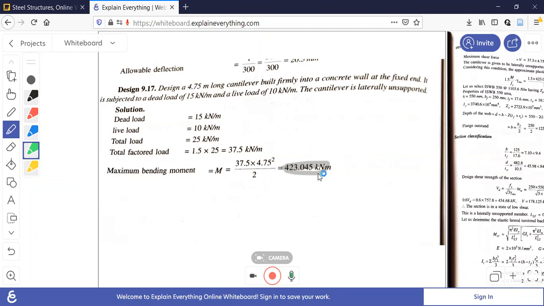Now the moment is calculated. My job is to select a trial section.